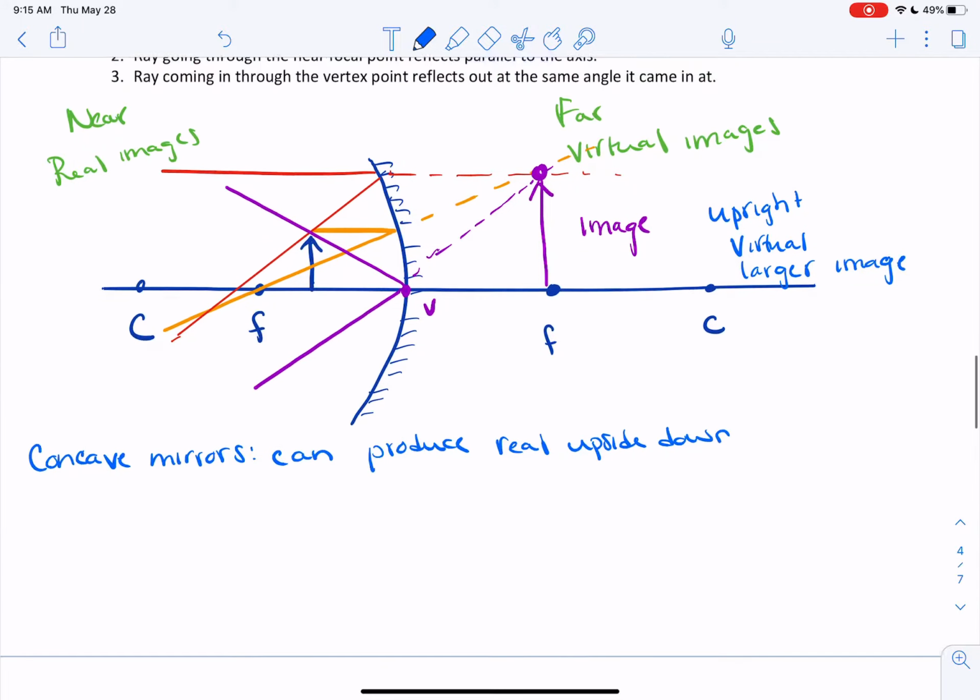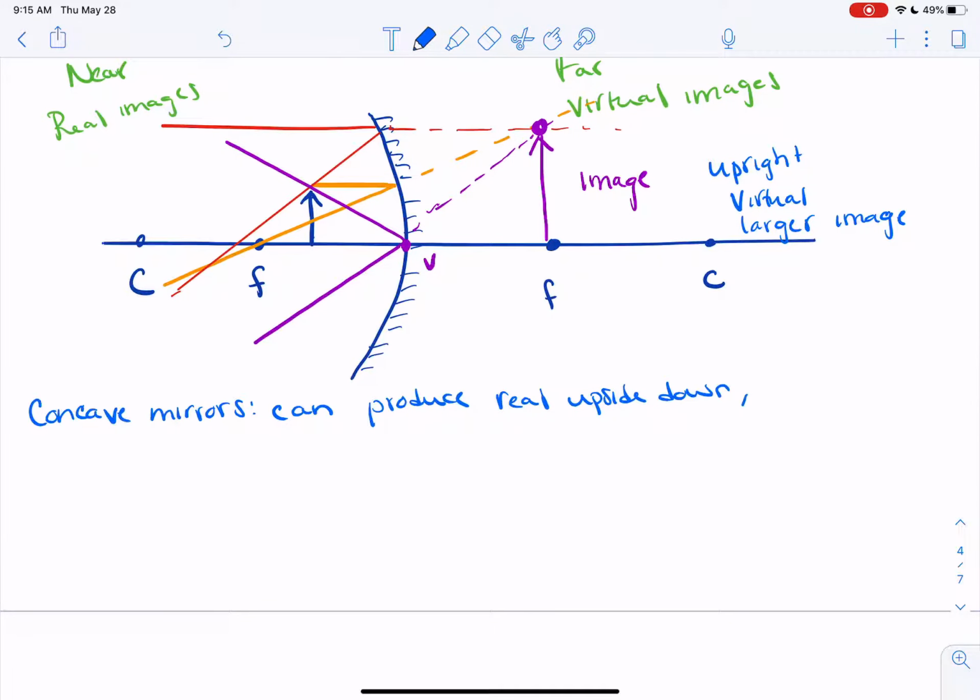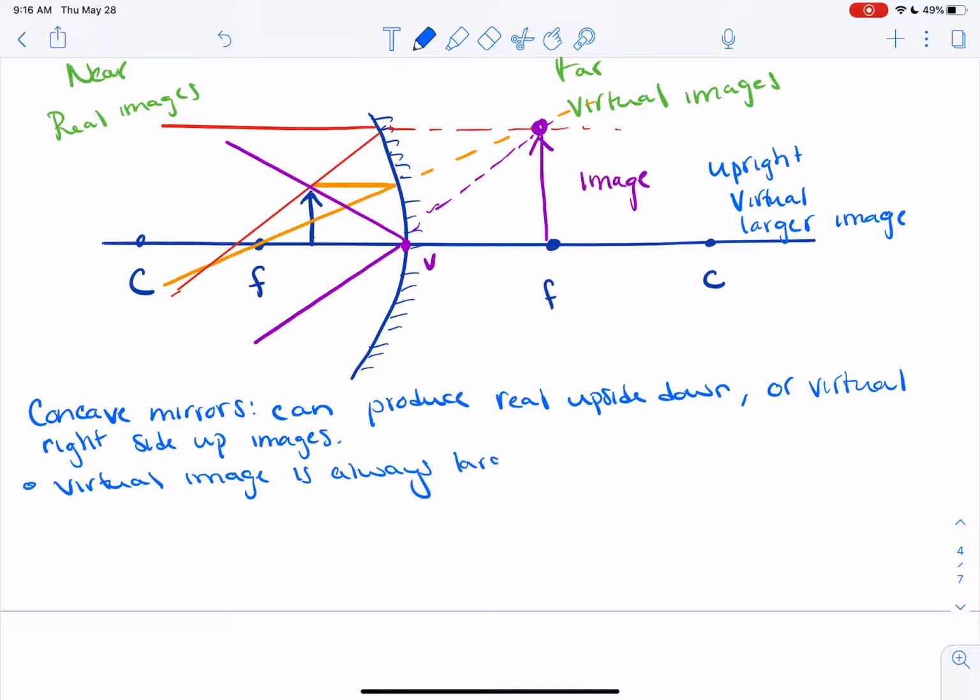So if it's on the real side of the mirror, it's going to be upside down, or virtual is going to be right side up like we just saw. Okay. So if you have a virtual image, it's always larger. And if you have a real image, it depends on the situation.